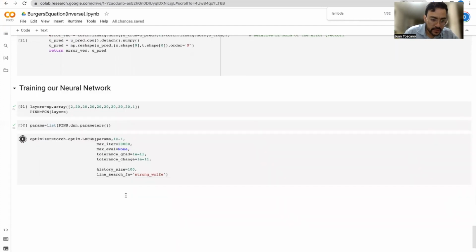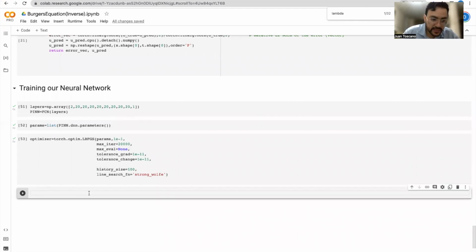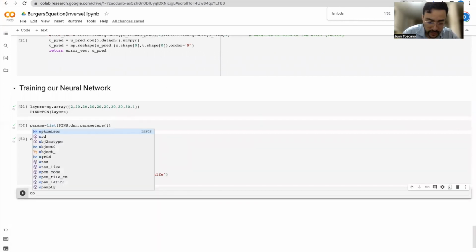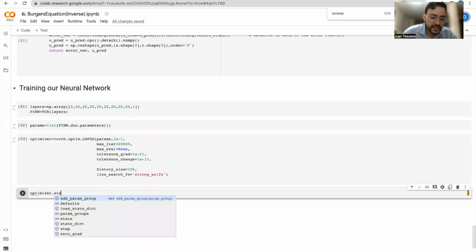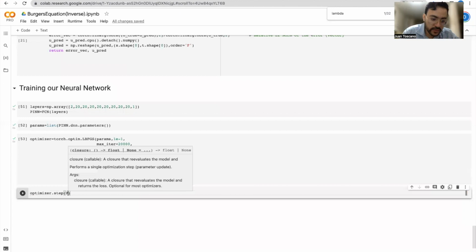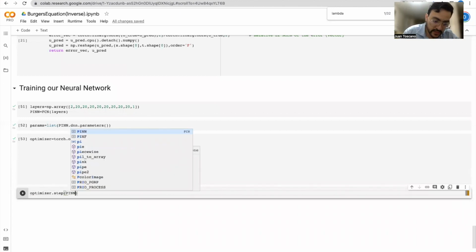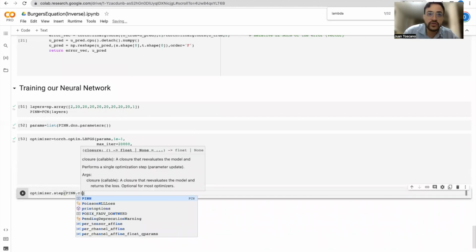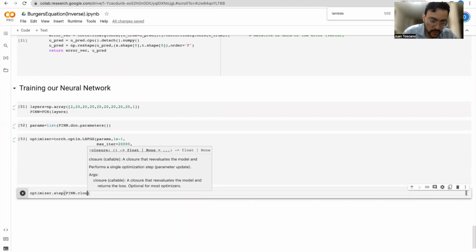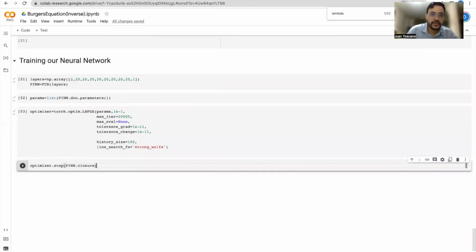Now, let's optimize our neural network to actually train it. So we'll go optimizer.step, and that's the reason why we included this closure function inside our physics-informed neural network, and that should be enough. Let's see if it works.